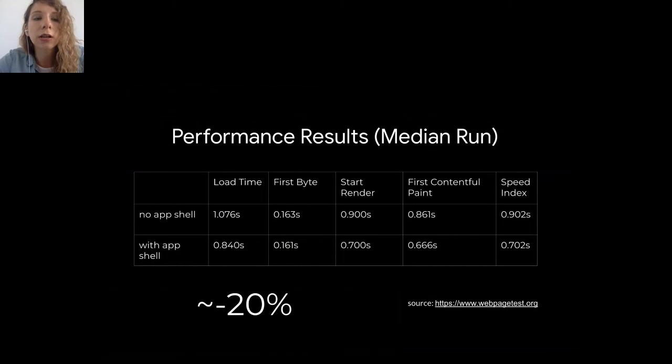I tested five metrics for the same app, without the shell and with. For load time, first byte, start render, first contentful paint, and speed index, the results were over 20% better with the app shell than without. So this is what you can achieve with this model.